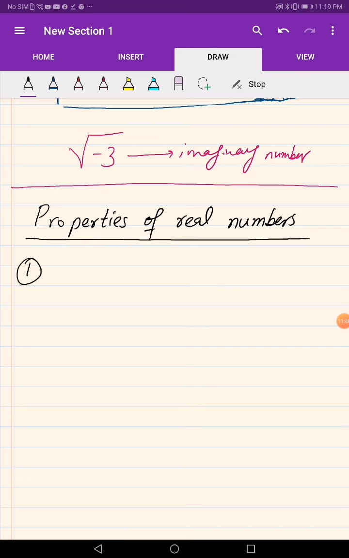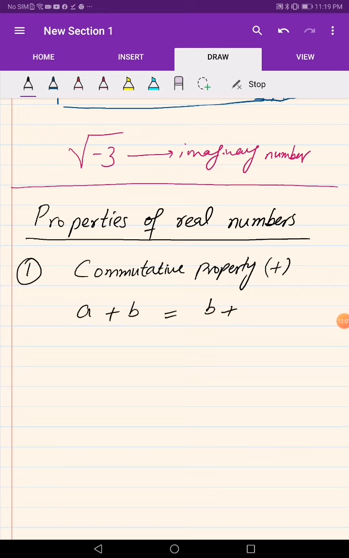The first property of real numbers is called the commutative property over addition. If I have a plus b, I can change their order as b plus a. This is called the commutative property of addition. And also I'm going to write the property for multiplication. A times b is the same as b times a. I'm not talking about multiplication and division, just the two operations plus and minus.